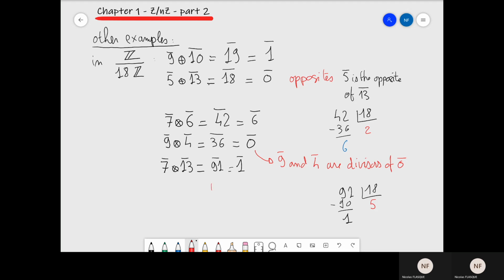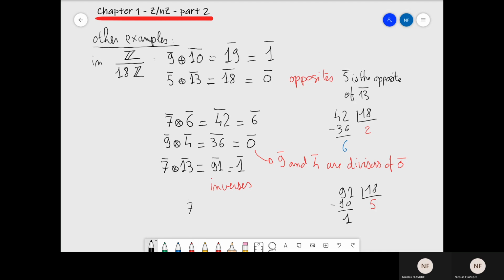So actually, this defines the relation of having inverses. Actually, when you multiply two numbers and the result is 1, then those numbers are inverses. The same thing is true in Z over NZ, even if the numbers are not written in a standard way.